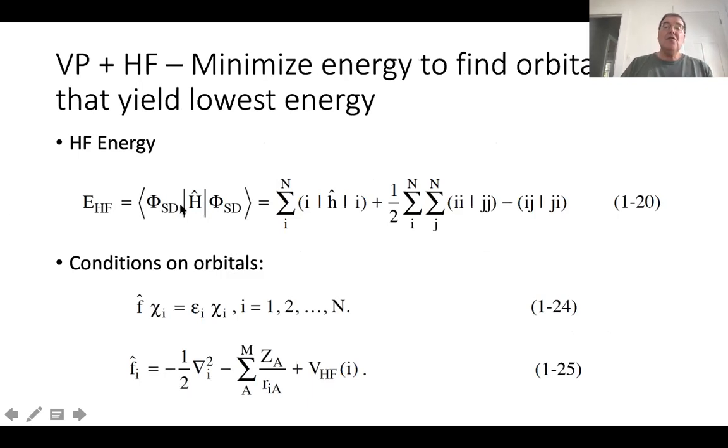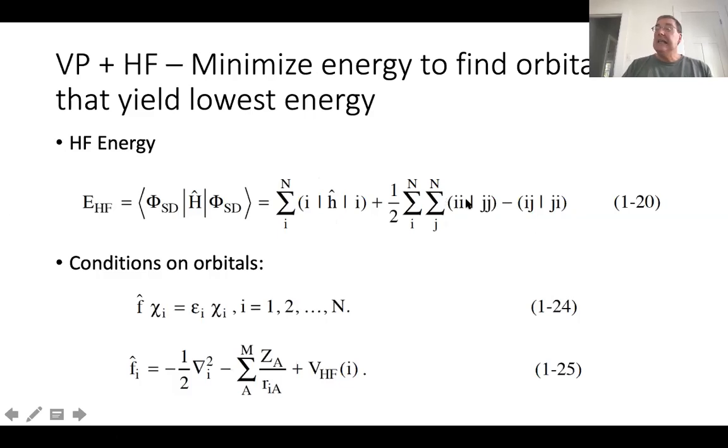So that automatically satisfies Fermi statistics, which we need for electrons. Okay, so then you could go ahead and evaluate the energy of that wave function. And it's pretty darn simple. It reduces to a sum over one electron terms. This is kinetic energy plus attraction of each electron to the nucleus, plus the nuclear repulsion terms. So there's one for each electron here. And these are what we call the electron repulsion integrals.